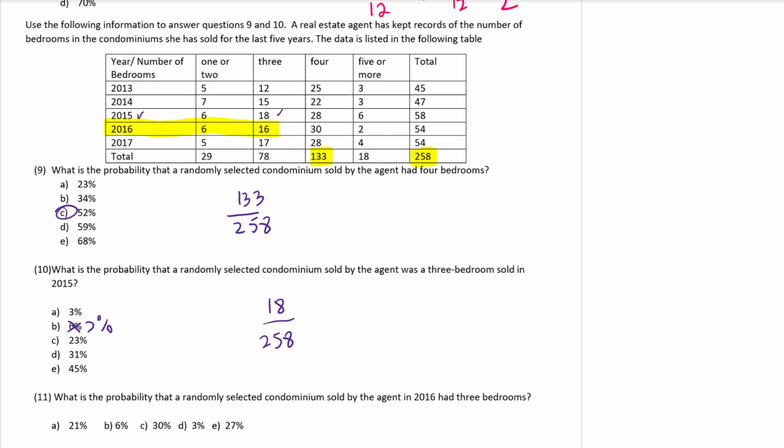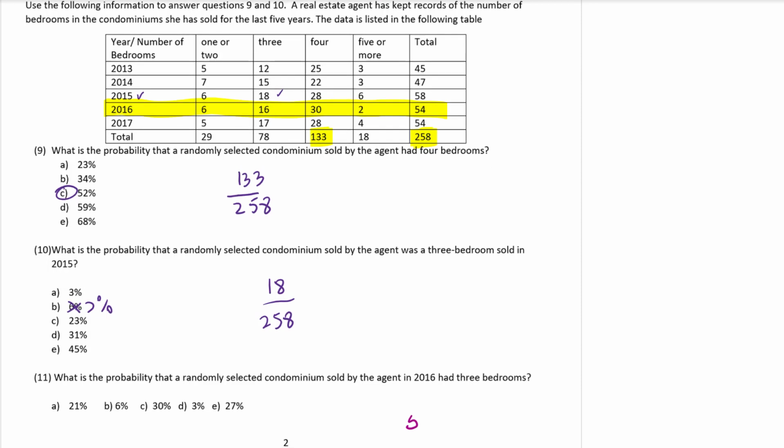So these are the ones that were sold in 2016, and the total of them is 54. Let me write it over here so you can see it. And the ones that had 3 bedrooms were 16. So it's 16 out of 54. It's not out of the total because it was referring to the year 2016. That gives us the answer of about 30%.